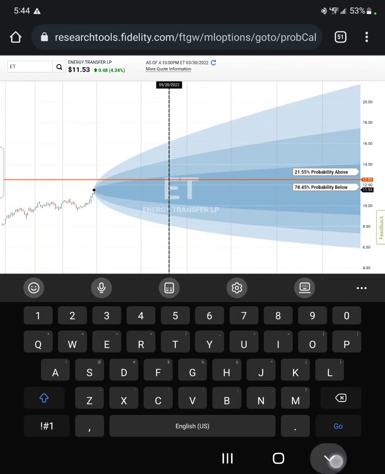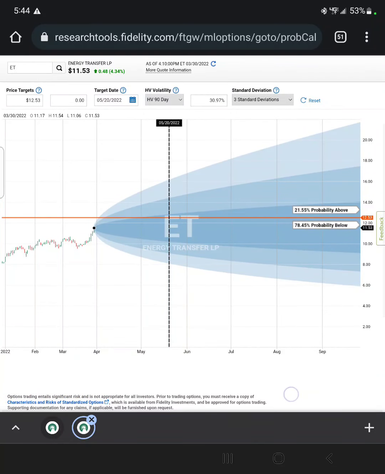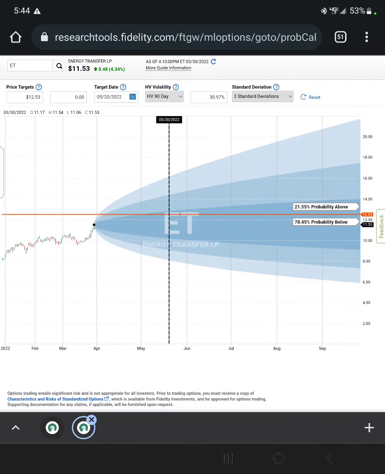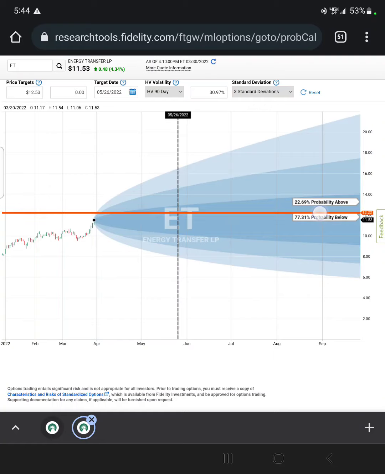So it's looking like the probability of Energy Transfer LP being below $12 is 78%. That's pretty cool. So you can slide this and see, or you can slide the actual bar amount. What do we got?